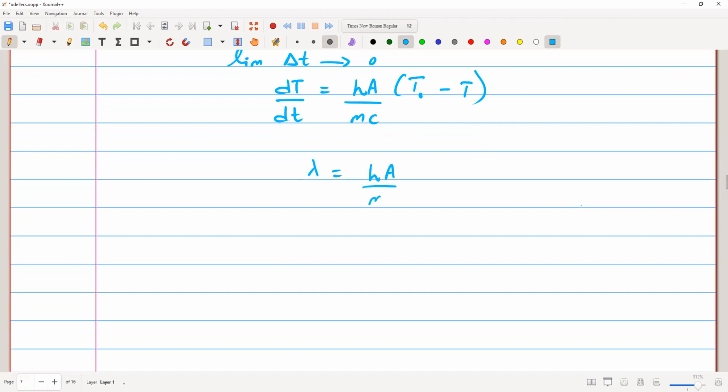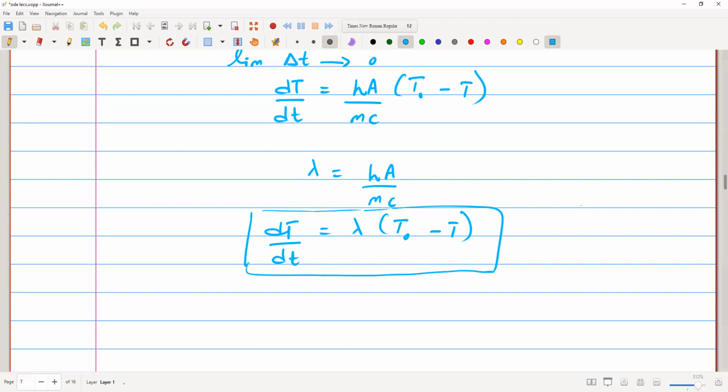So this is Newton's law of cooling in its very simplified form. This is the Newton's law of cooling, right?